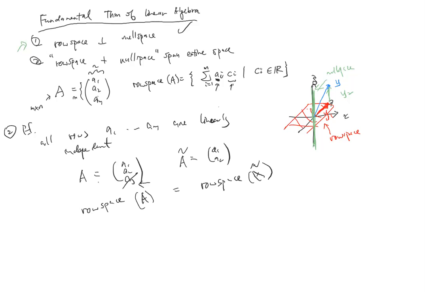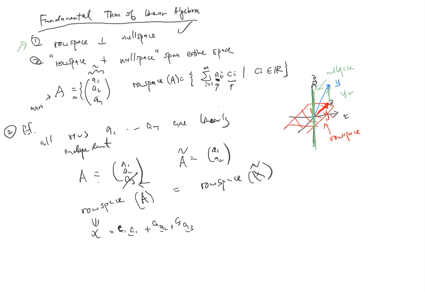Because if some vector x is inside the row space of A here, it'd be a linear combination of A1, A2, and A3, right? So again, maybe with coefficients C1, C2, and C3 here.